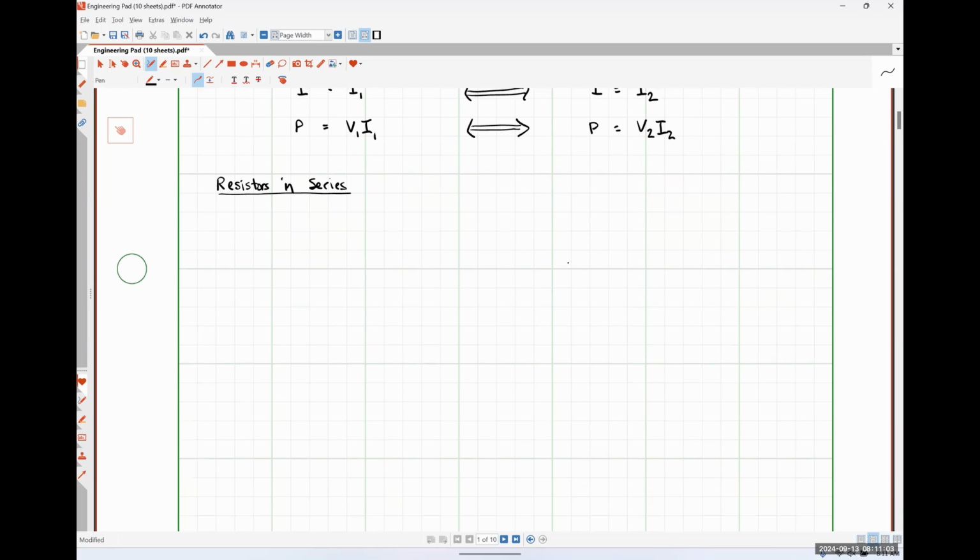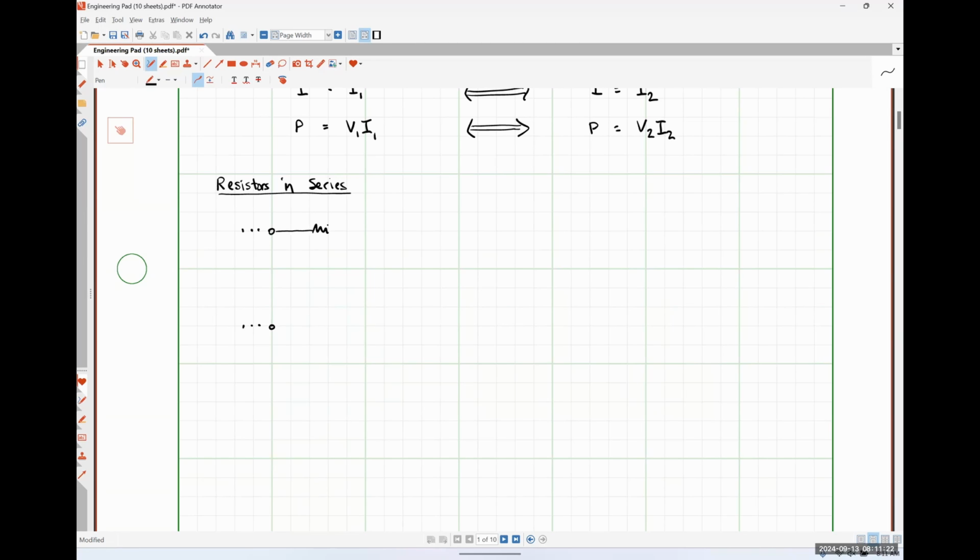So let's say that I have a circuit which contains several resistors that are electrically connected in series. So these ellipses here just mean that this is part of some larger circuit. Okay.